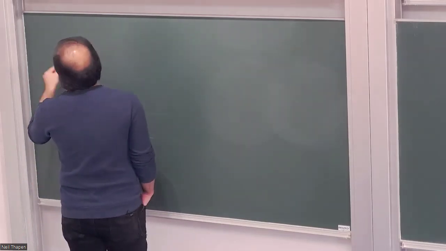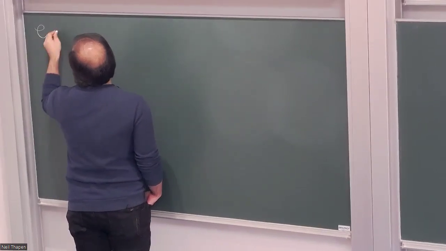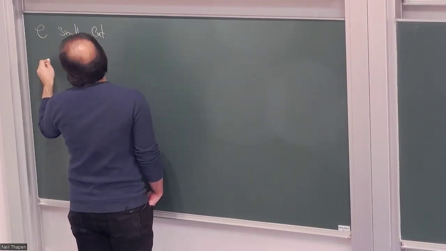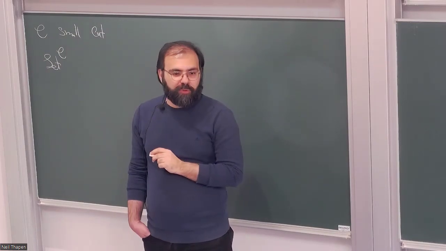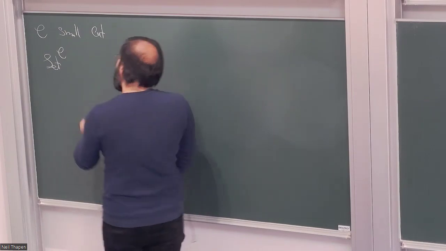And the result of the whole thing was that if you have C as some sort of small category, then the category of Set^C is a topos. I claim that. Of course, I didn't prove it, I just defined it.